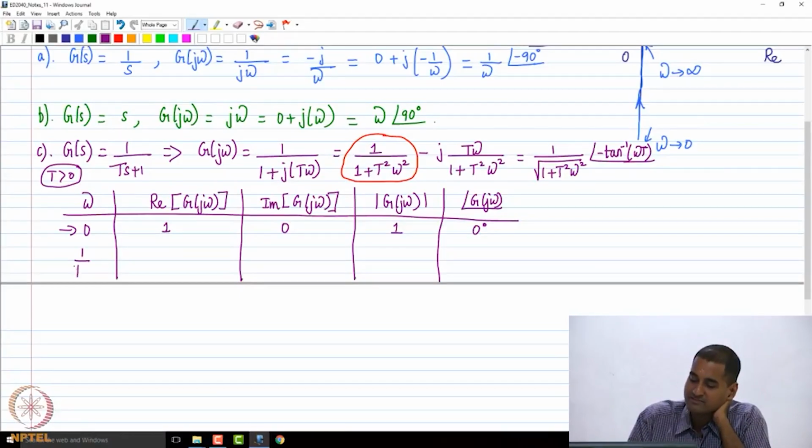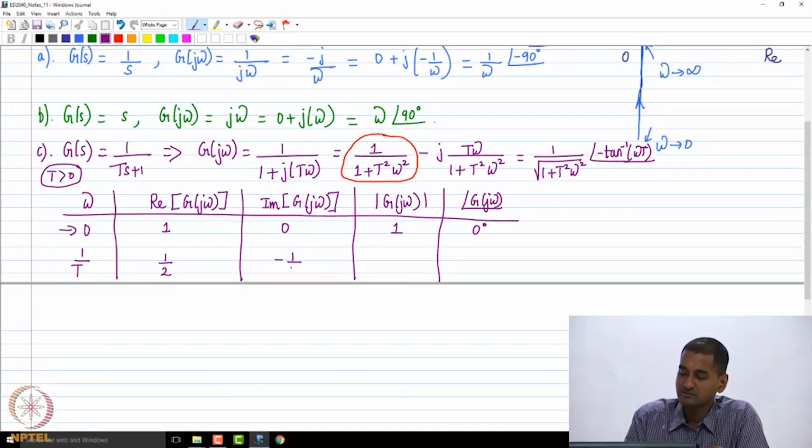It is the corner frequency, 1 by capital T. What happens to the real part and the imaginary part at 1 by capital T? You see that the real part becomes 1 by 2, the imaginary part becomes minus 1 by 2. Of course, I am not writing j. If you are very particular, you can write minus j by 2, but I am just writing the component; it is understood that we have the j.